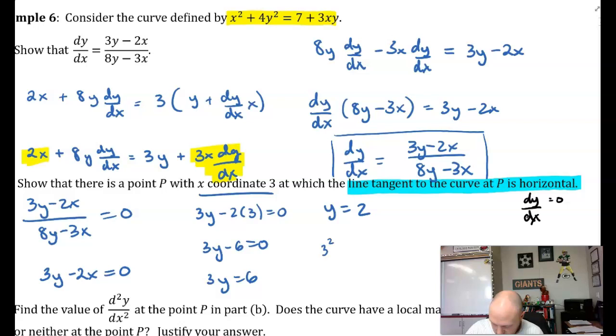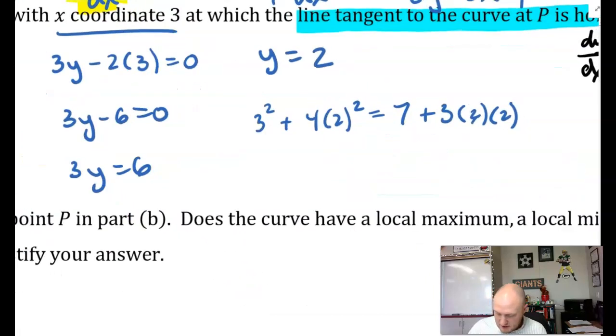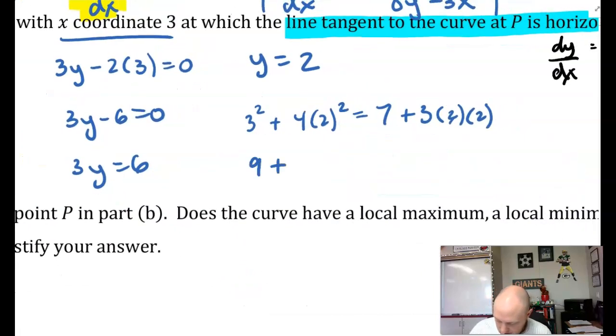So we have 3 squared plus 4 times 2 squared is equal to 7 plus 3 times 3 times 2. Checking this, we get 9 plus 16 is equal to 7 plus 18. So this gives us 25 is equal to 25.